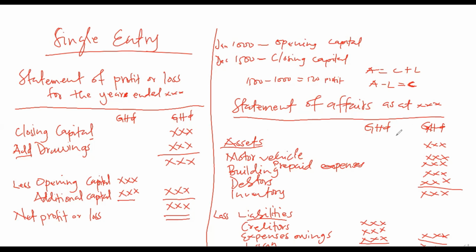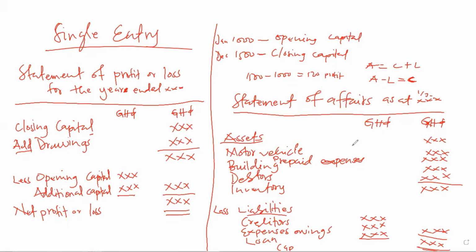Then you're going to pick all the assets at that date. The question is going to tell you the assets that are on 1st January 2024. You pick those assets, you add them. Then you pick the liabilities as at 1st January 2024. Then you less from those assets to get your what? Your opening capital.